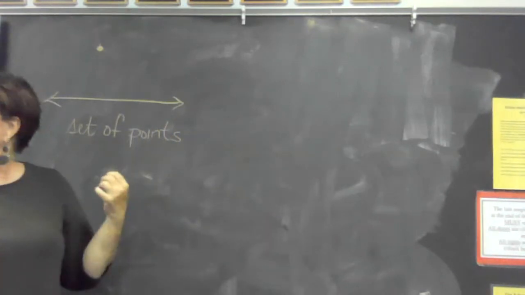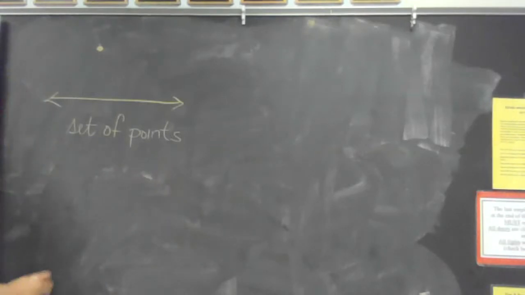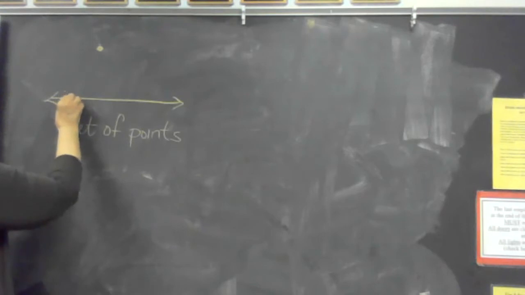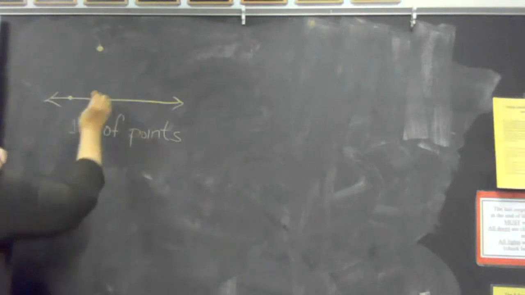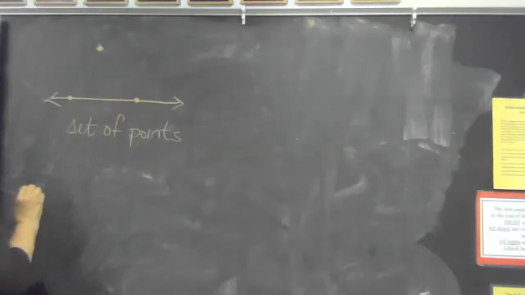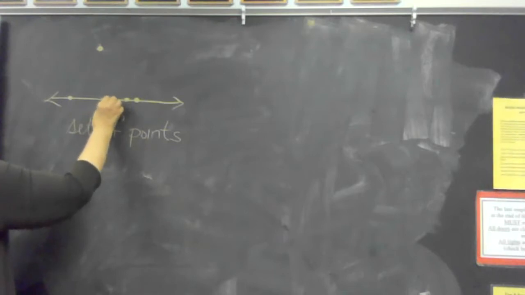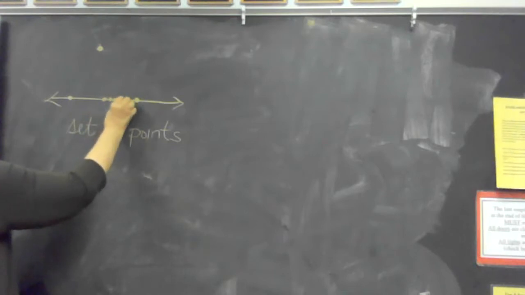I had a hard time understanding this the first time I heard it, but I was taught that here is some point somewhere in space, right? And then here's another point somewhere in space. And here's another point somewhere in space. And here's one, and here's one, and here's one, and here's one.